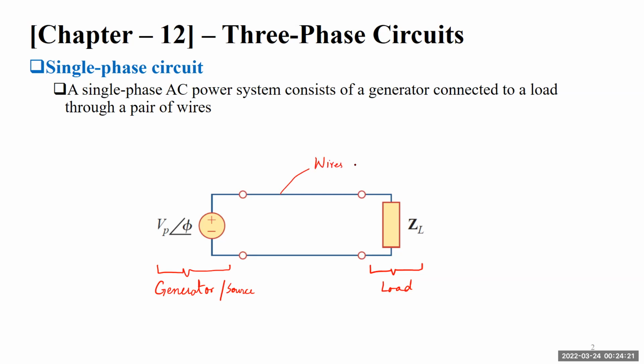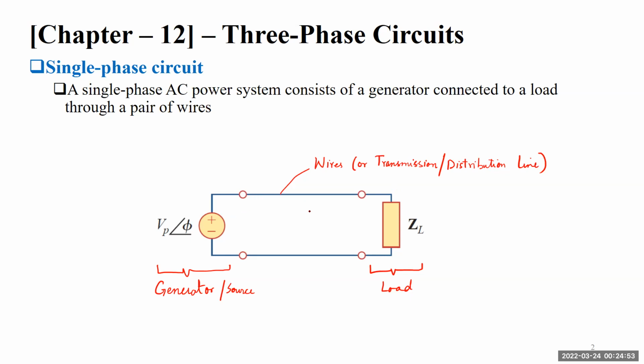In terms of power systems, these are transmission or distribution lines. Whenever we have to connect a power source to a power load, we have a power source, a load, and the connecting wires.